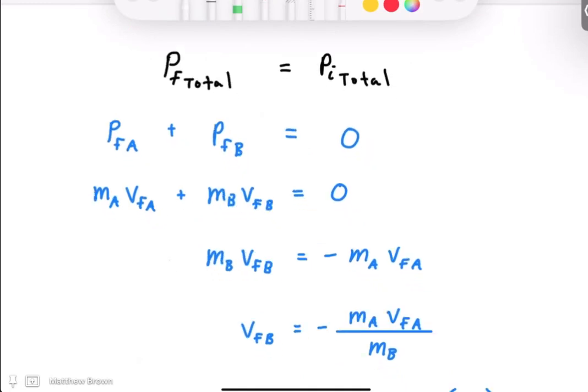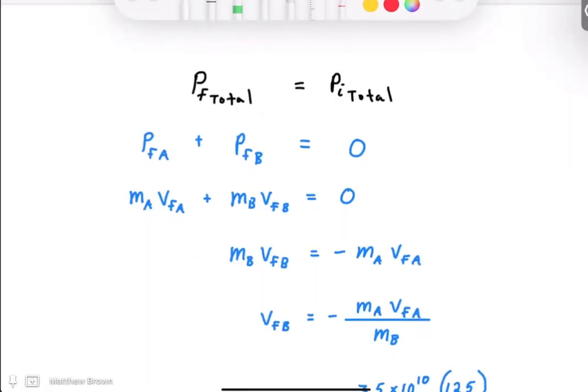And then I just wrote in the actual variables for momentum. That is mass of A times V final of A plus the mass of B times V final of B must equal 0. And this is the thing we want, right? We want V final of part B. So we need to rearrange this equation for that. You can substitute the numbers in here, but I often find it more helpful, and richer as a learning experience, to move the variables themselves and then substitute the numbers in later.